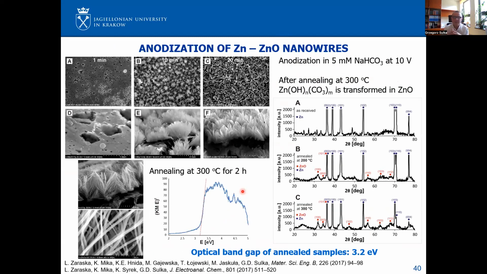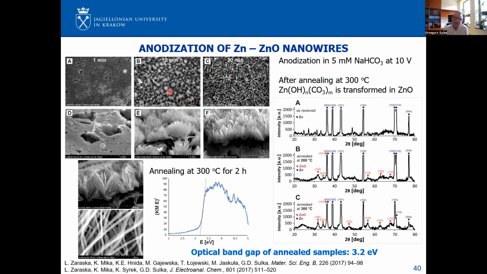And we produced also by anodic oxidation of zinc, but not porous oxide, but nanowires. We started anodization of zinc in that process using electrolyte based on sodium bicarbonate.